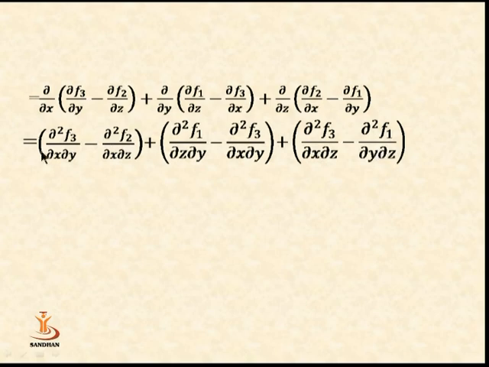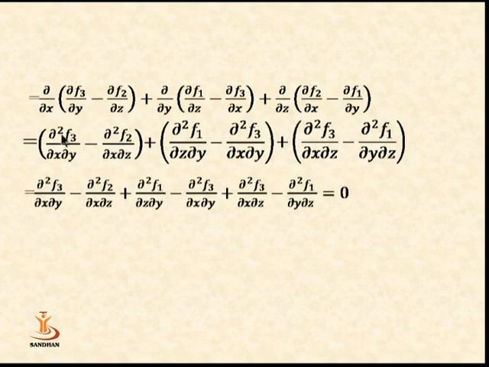Now we get all the components in scalar form. Thus we remove all the brackets, then we get ∂²f3/∂x∂y minus ∂²f2/∂x∂z plus ∂²f1/∂z∂y minus ∂²f3/∂x∂y plus, from the third, ∂²f3/∂x∂z minus ∂²f1/∂y∂z.